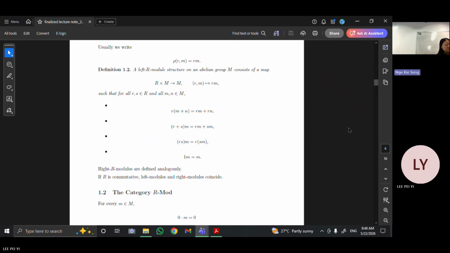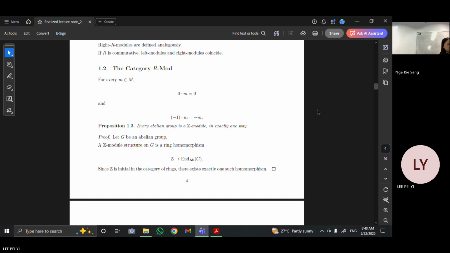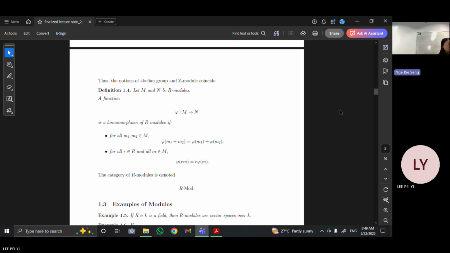Okay, 1.2, see here 1.2. And go down. Yeah, module homomorphism. So you check this. You add the proof of it.